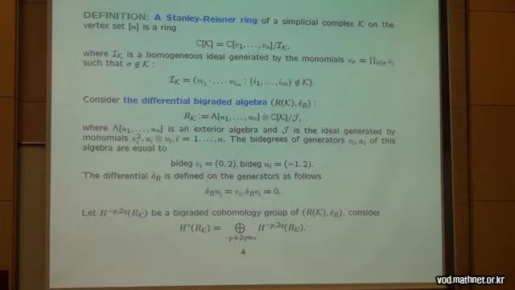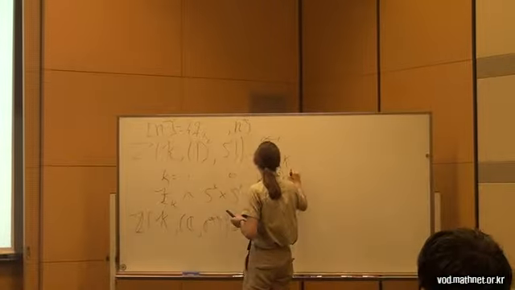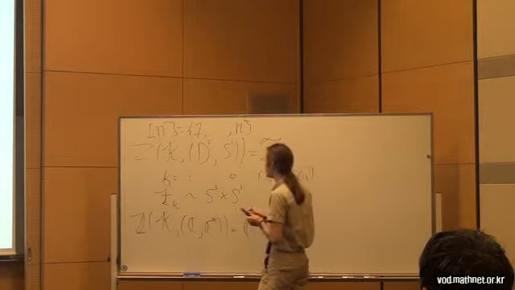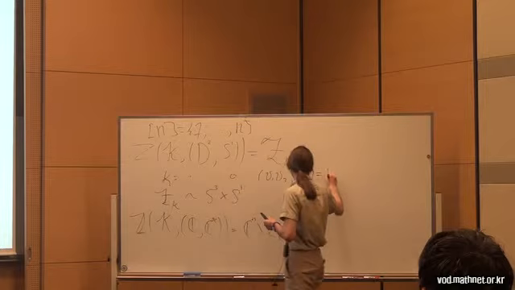We have a polynomial ring, and we take a quotient of this ring by the ideal generated by the monomials such that this sigma is not a simplex in K. So for example, for this case, we have an ideal generated by monomials like these. Okay, it is okay. This example.